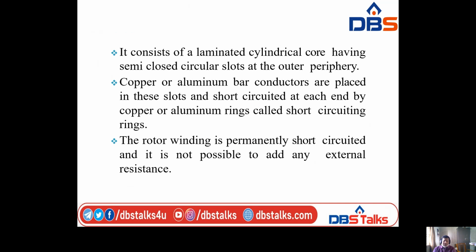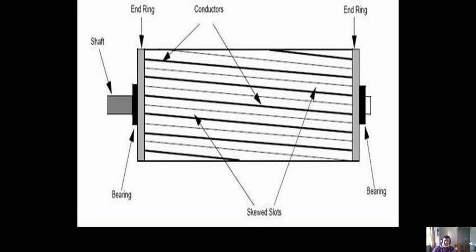Look at the figure clearly. Here the rotor has conductors made up of aluminum or copper bars. These rotor conductors are fixed in between two end rings, and these aluminum bars or copper conductors are not placed horizontally. They are inclined with some angle.